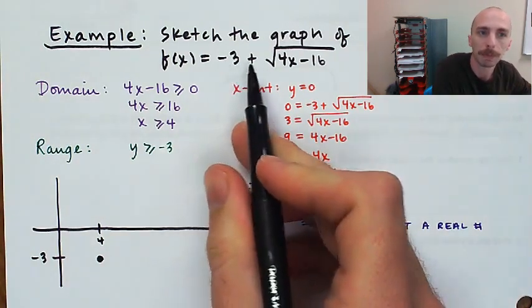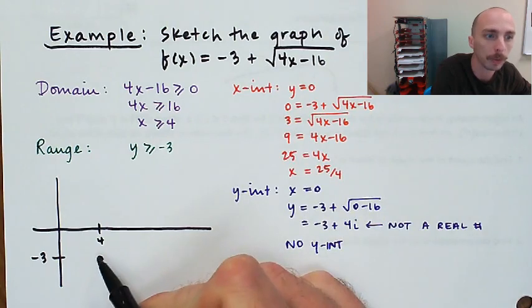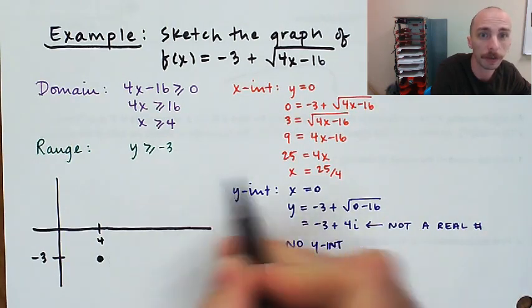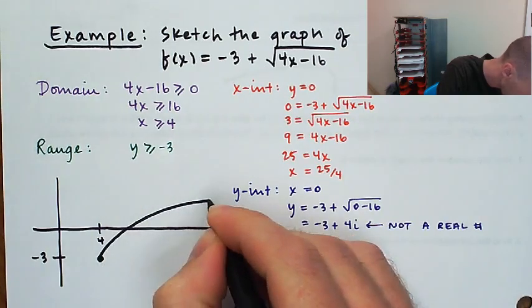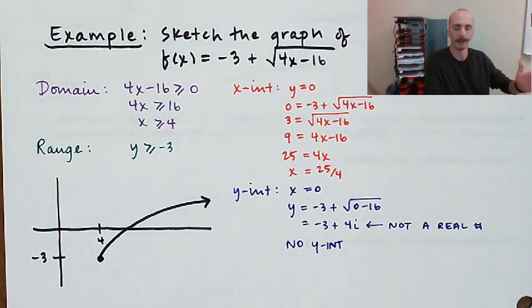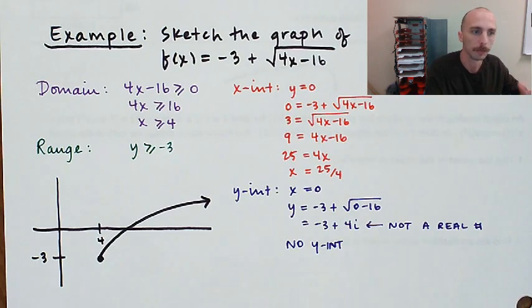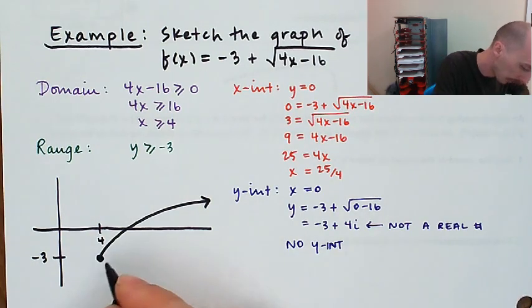This is negative 3 plus a positive square root of x, so it's going to do that increase and leveling off thing. I'll draw the graph as best I know how. The scale might be a little off, but in general this is a pretty good sketch.